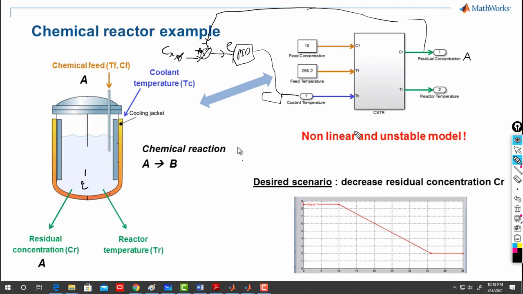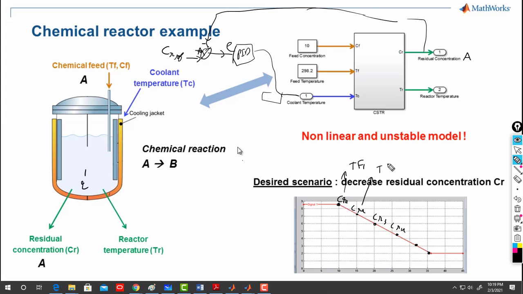It turns out, and this is the point I want to tell you, that the dynamics of that system, the chemical reactor, depend on the residual concentration of A. Assuming CR1, CR2, CR3, CR4, and so on, at each residual concentration the dynamics are different.